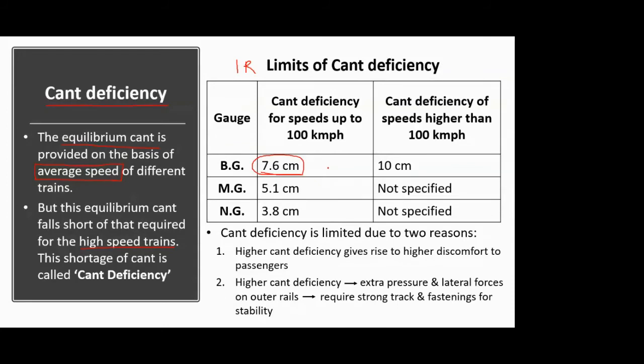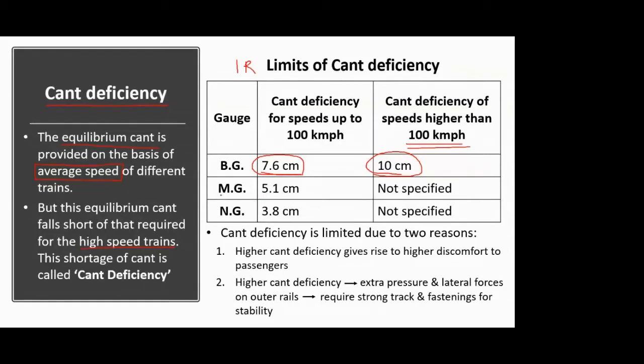In that case you need to revise your equilibrium speeds. For speeds greater than 100 kmph, generally for Shatabdis and the new trains that have been introduced, the Cant deficiency is eased to 10 centimeter. Greater than that is not allowed, and you have to revise your equilibrium speed.